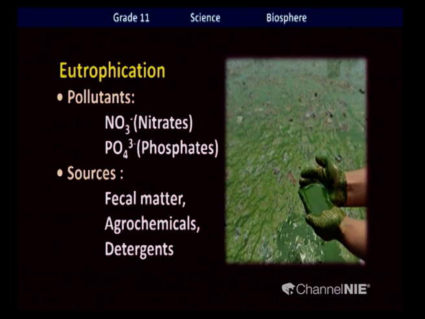For example, fecal matter, agrochemicals, detergents. Most of the factories and industries are associated with the aquatic environment. For example, around the Kelani river, there are so many factories, fabric, garment factories, and fizzy drink factories, and they discharge chemicals and industrial effluents.